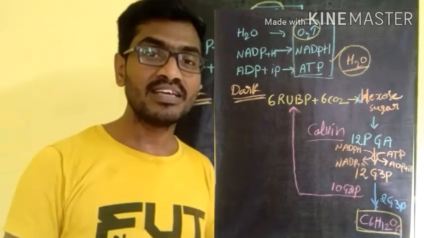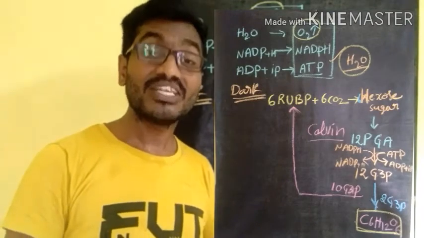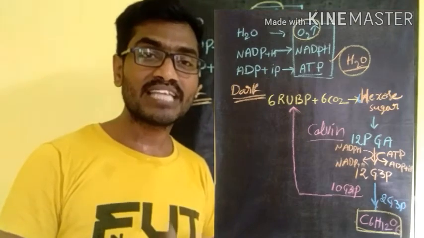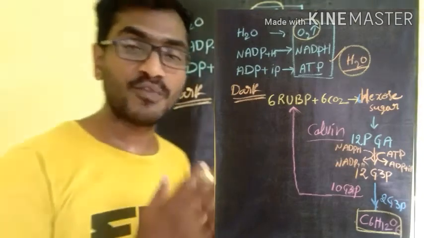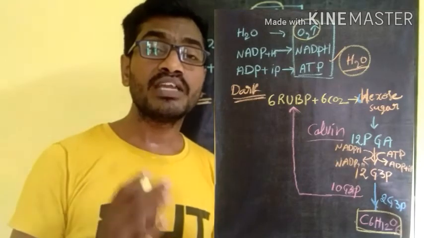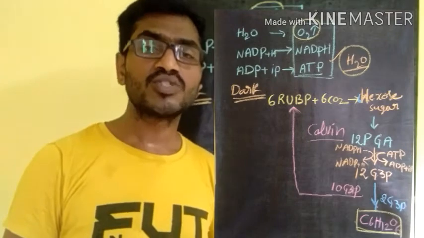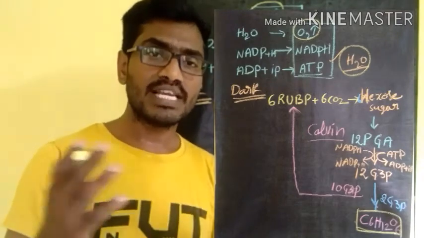In this way plants synthesize food and release oxygen. Just imagine, can we live without oxygen? Can we live without food? That's why this process which occurs in plants, photosynthesis, is a very important life process. No other organism provides us food as well as oxygen.